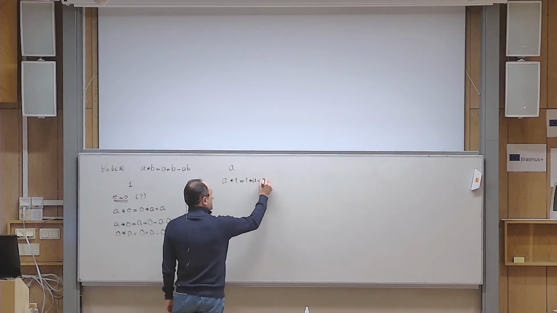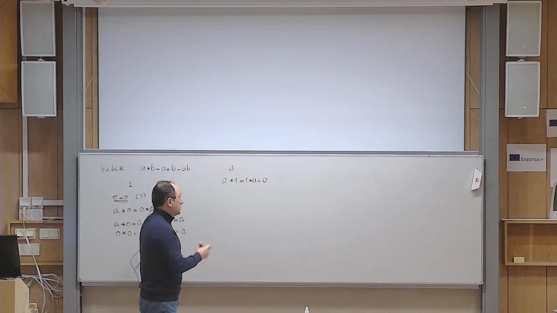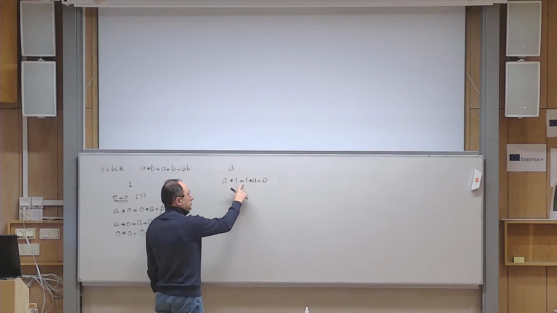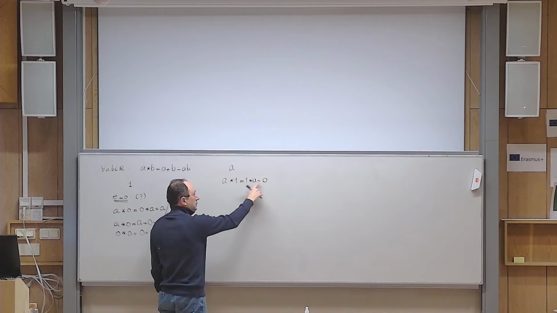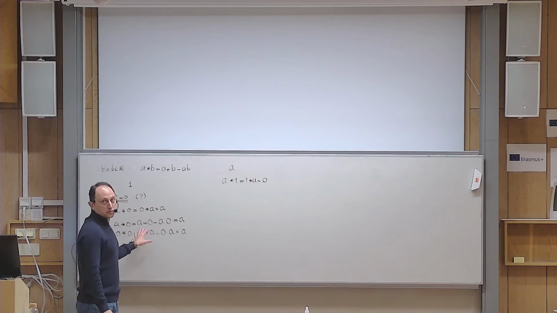Okay? So let me repeat. My claim is that 1 has no inverse. To the contrary, I assume that A is the inverse. Then A star 1 should be equal to 1 star A, which should be equal to the identity element of the group, which we discovered to be 0.